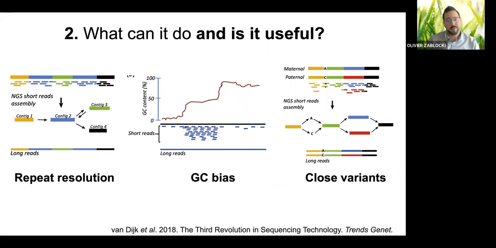This may be determined by coverage, and to resolve the graph path, it might select the one that has the highest coverage. Again, if you have a long read, this may be resolved, since the entire length of the long read could cover these problematic regions. So I like to think of it that it is easier to piece back a puzzle if we have larger pieces, and this is essentially what long reads enable.